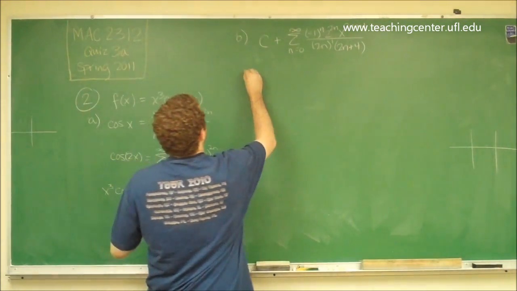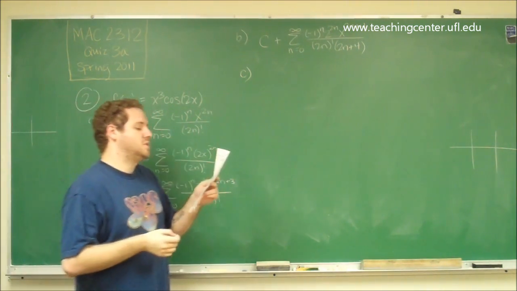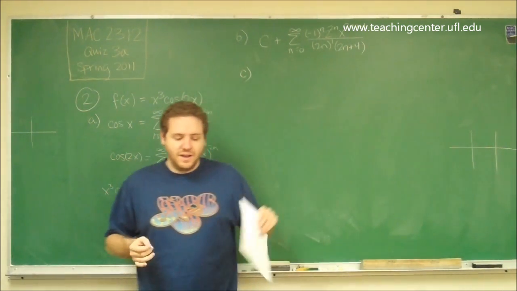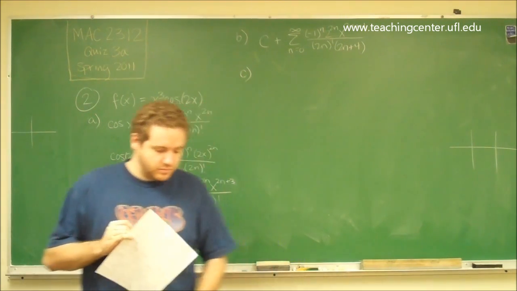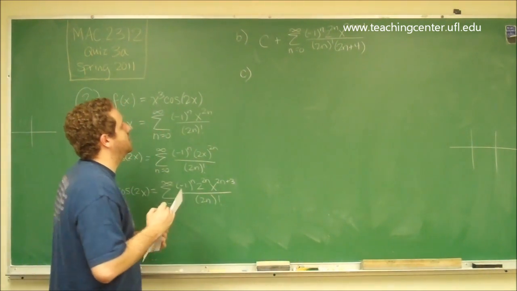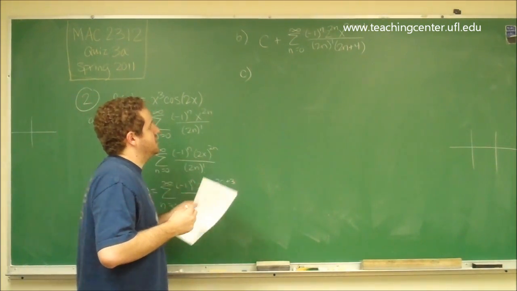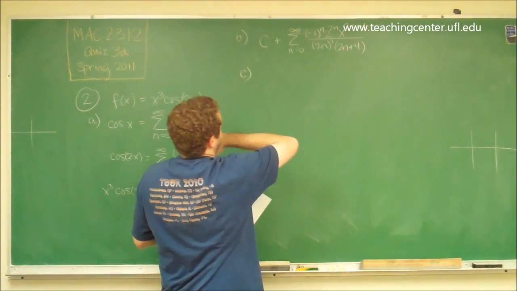So now for part C, what we want to do is: how many terms do you use to approximate the definite integral to 4 decimal places accuracy, and what is the upper bound of the error? Okay, so we need to do a couple of different things here. The first thing we need to do is, since we're doing a definite integral now, we don't need to have this C anymore.